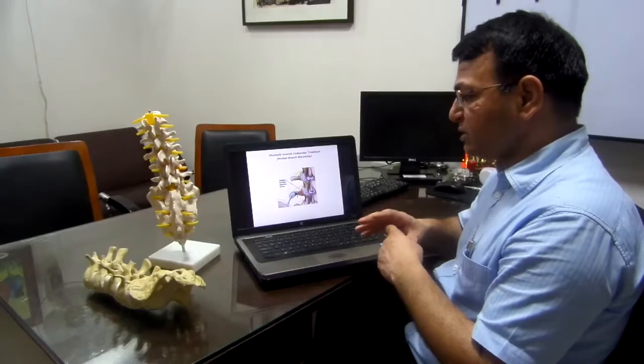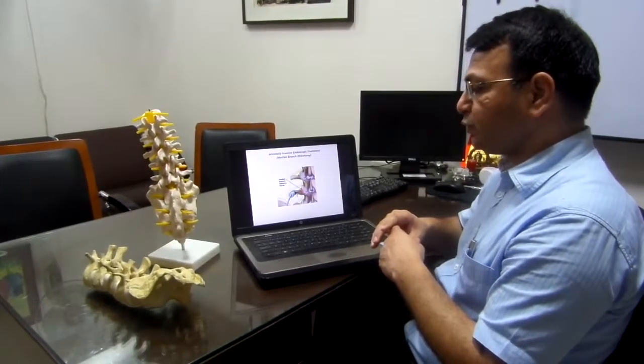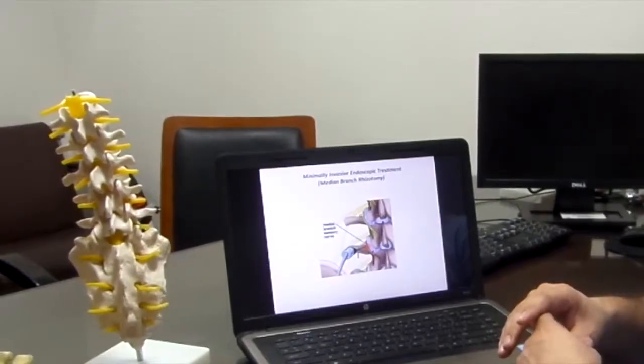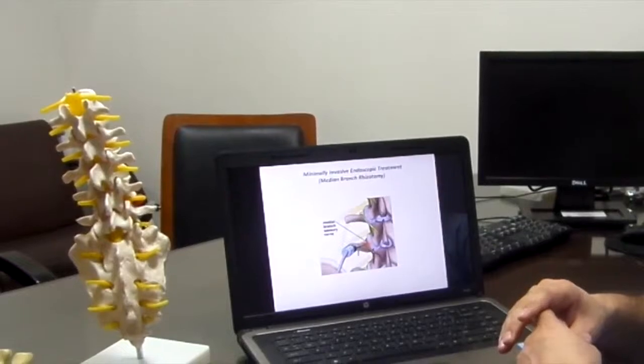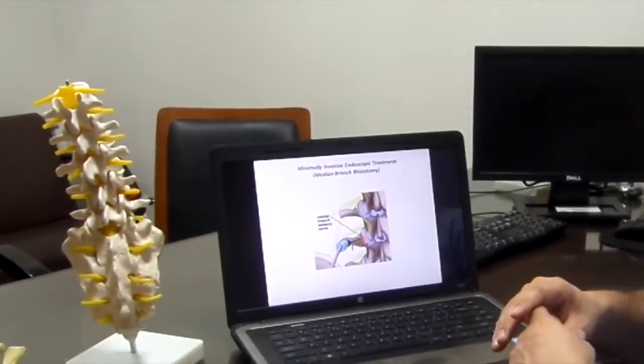There are various ways and means to do the rhizotomy. So one can do just a fluoroscopic or X-ray guided rhizotomy, where the needle is inserted close to the nerve, and once it is correctly localized, one can simply use an electrical cautery or a heating probe and damage the nerve.